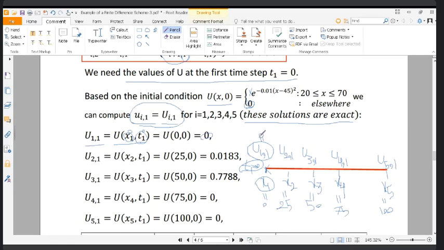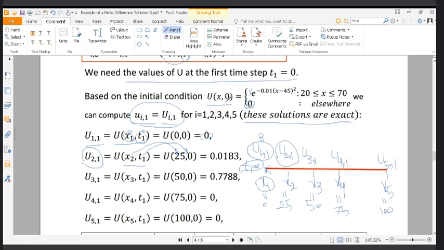Is it okay for you? Yes. For the next point, we compute u(2, 1), which equals u of x2 and t1. x2 is 25, and t1 is 0.